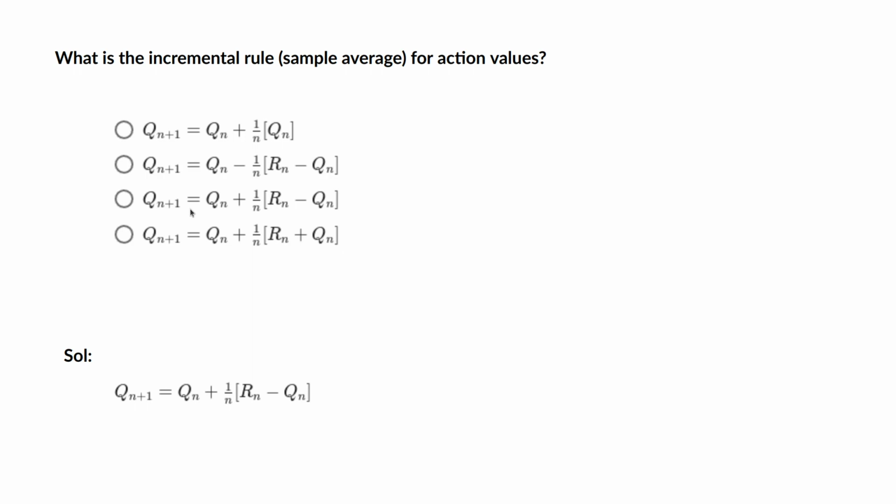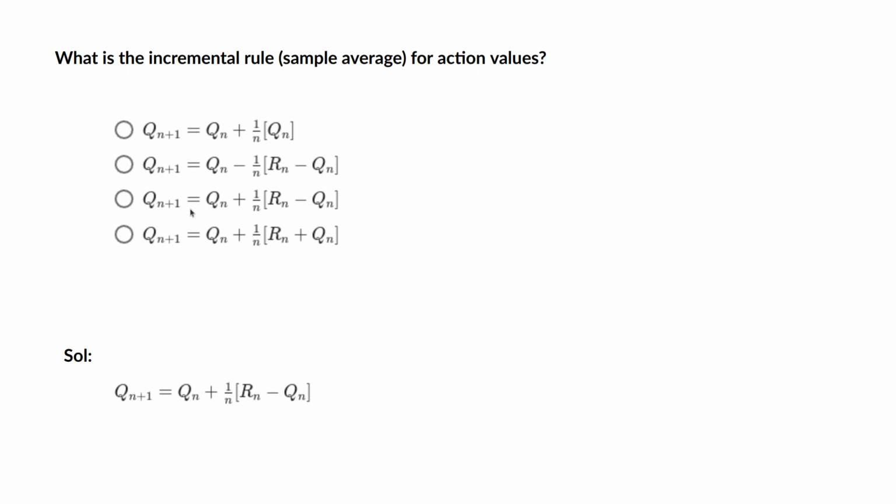How do you update an error, how do you update a value? I calculated the value of, let's say, state S is X, but this is not correct. So what I'll do is X equals X plus the error term. Let's say the error was del. So del into some multiplying factor.